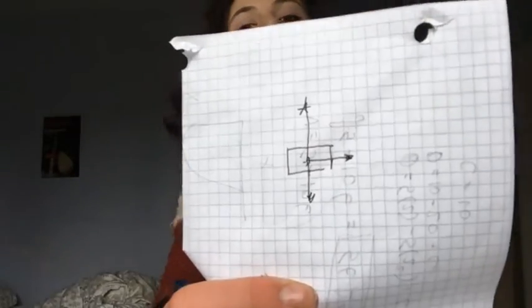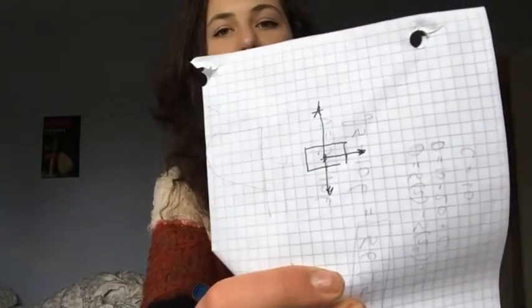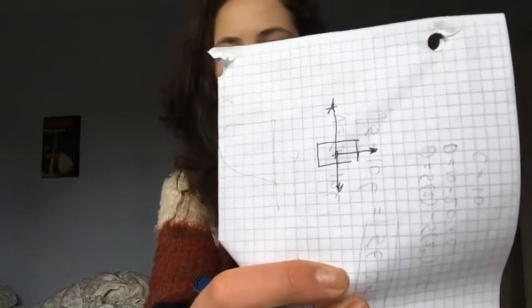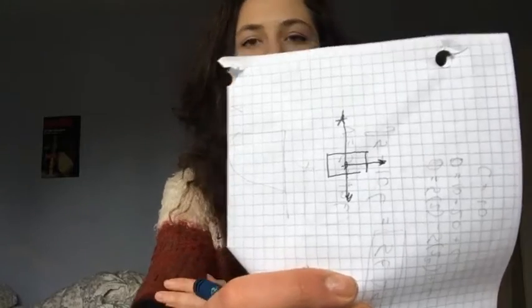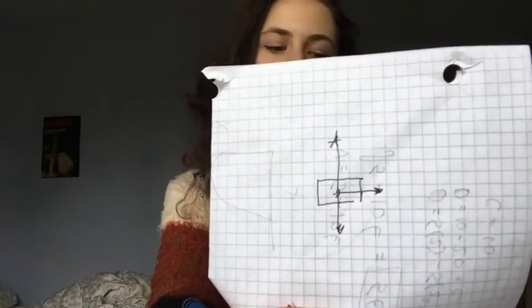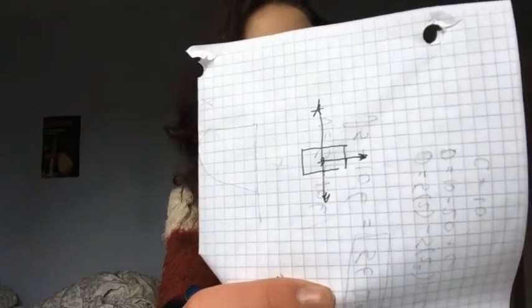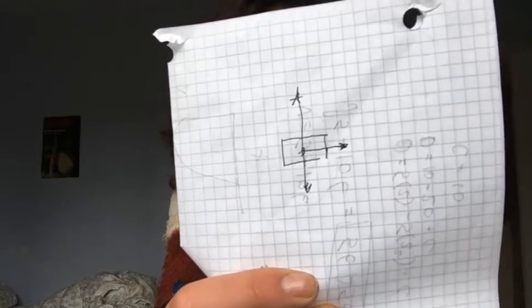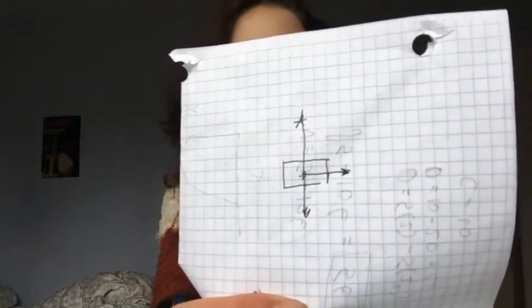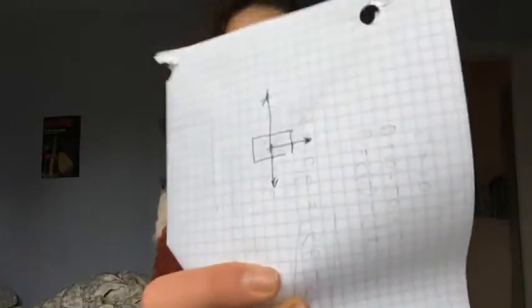You see there are two forces acting on it on the y-axis, one with a greater magnitude going in the positive upwards direction and one with a lower magnitude going in the downwards direction. And then there's another force acting on it in the x direction, but that's just one.